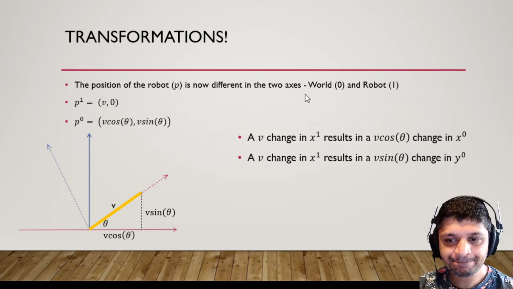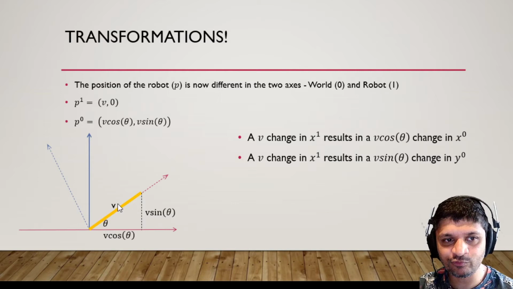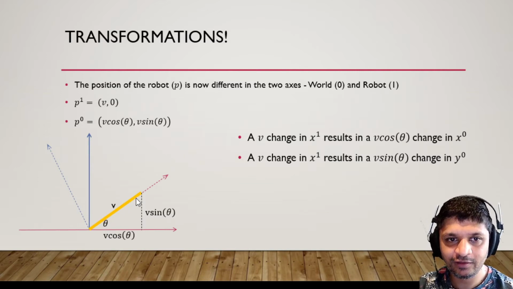But what that tells us is that if we have a v movement in x1, it results in a v cos theta movement in x0 and a v sine theta change in y0. So anytime we move by v along the x-axis of axis 1, we end up moving along the x-axis of axis 0 and the y-axis of axis 0.